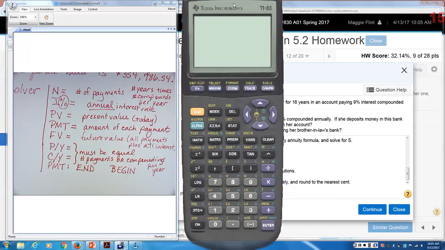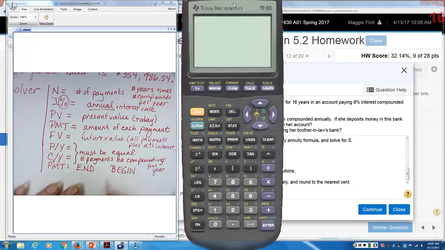Once again, if that was annual, both of those are going to be 1. If it's semi-annual, both of those are going to be 2. If it's quarterly, both of those are going to be 4. If it's daily, both of those are going to be 360. If it's monthly, both of those are going to be 12. But they have to be the same thing.